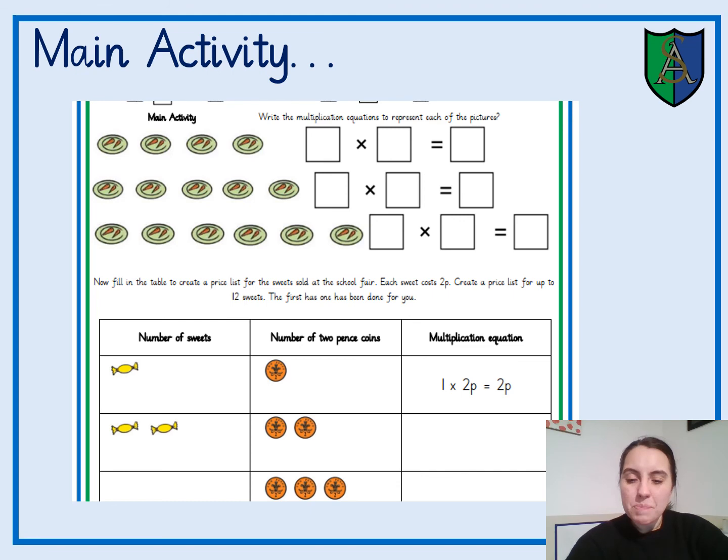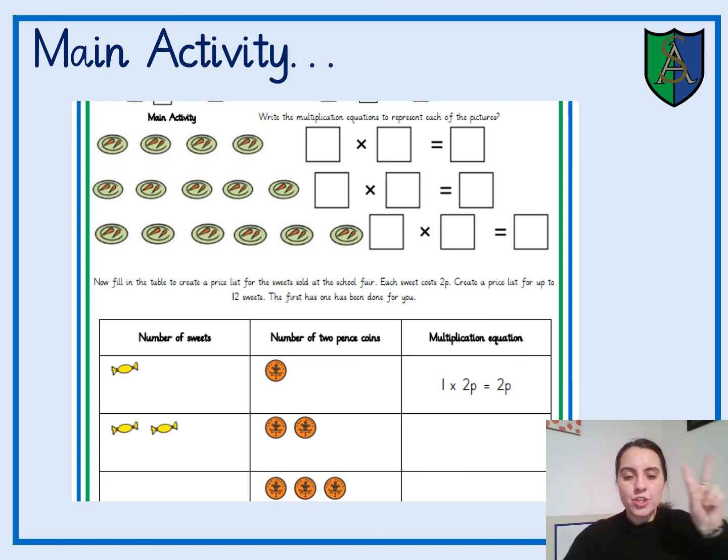In the second picture, you will notice that there are 2 sweets and there are 2 2 pence coins. So each 1 sweet equals 2 pence, okay? And the multiplication equation is what you will need to write. Now I'll do this one with you if you like.